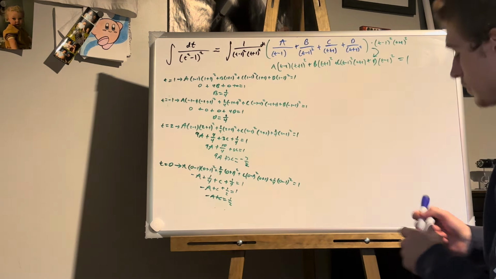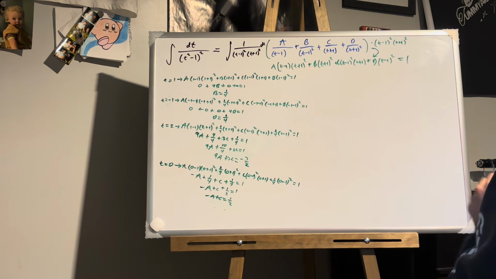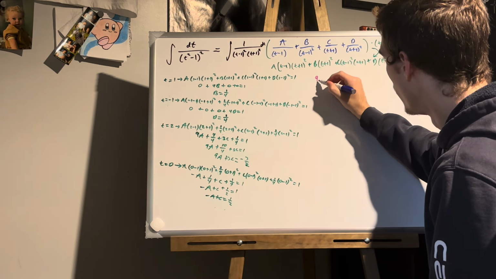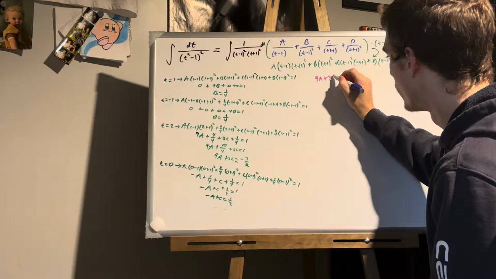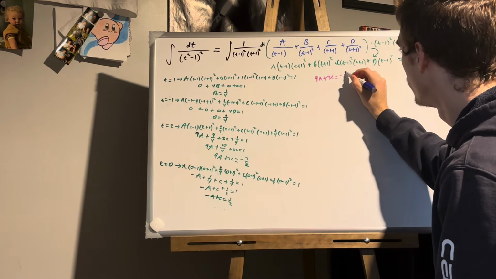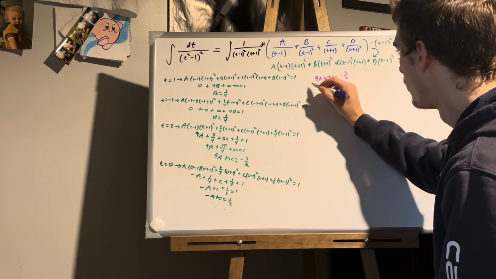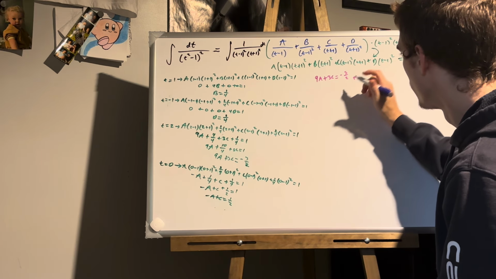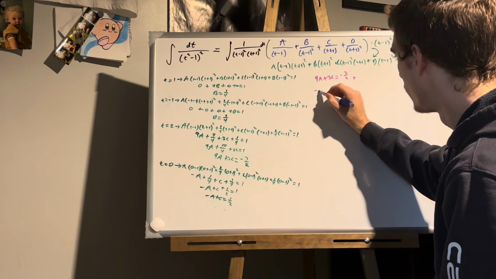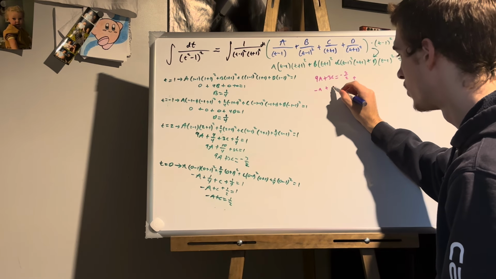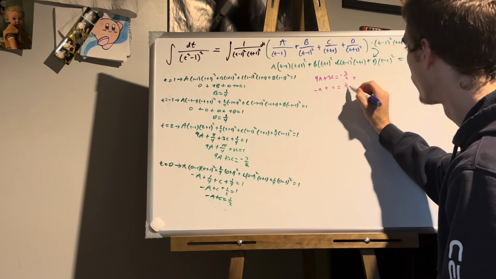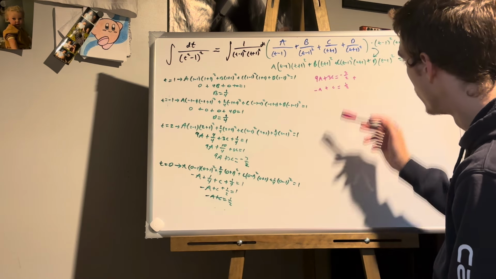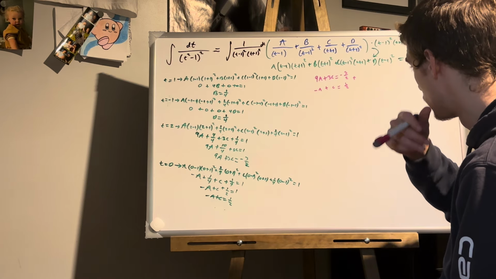Okay? 9a plus 3c equals negative 3 over 2, and let's do that over here, negative a plus c equals 1/2. Okay? These are being added to each other. That's what a system of equations is.